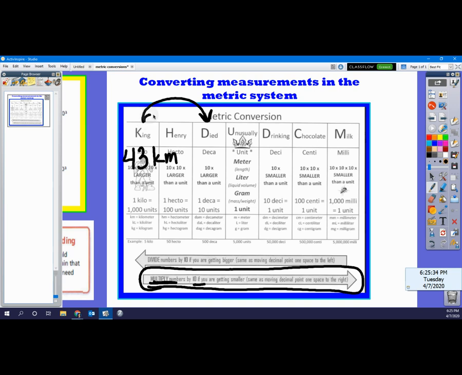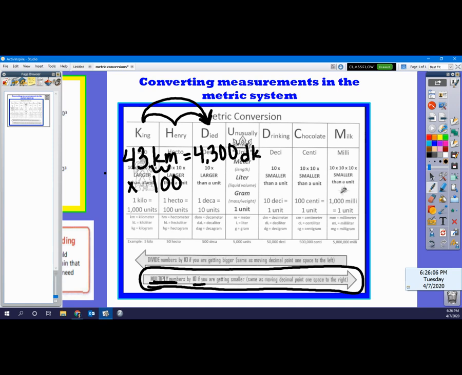How many places am I jumping? 1, 2. So I'm jumping 2 places, which means the thing I multiply by is going to have 2 zeros, which means that my decimal here is going to jump or move 2 places. So 43 kilometers, which are big, is equivalent to 4,300 decameters.